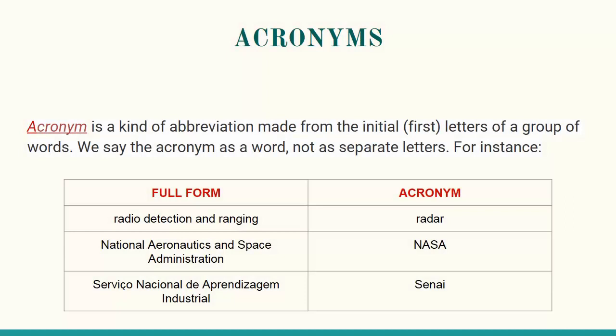Well, the last one is acronym. Acronym is a kind of abbreviation made from the initial letters of a group of words. We say the acronym as a word, not as separate letters. For instance, radio detection and ranging.